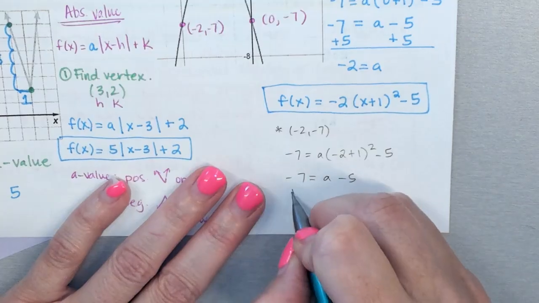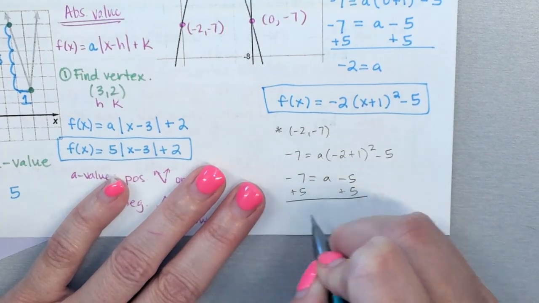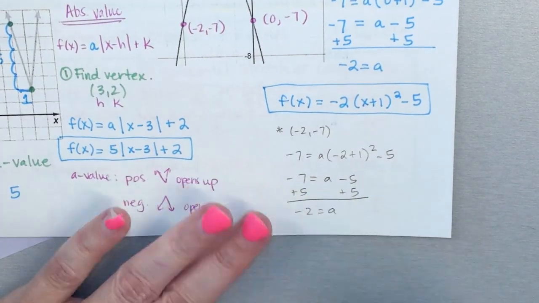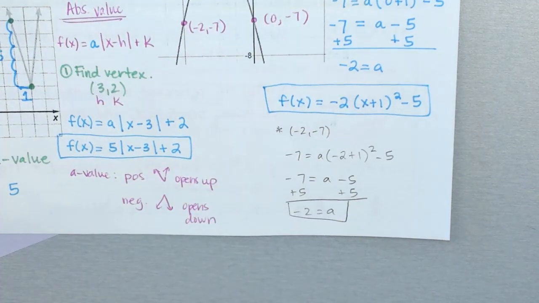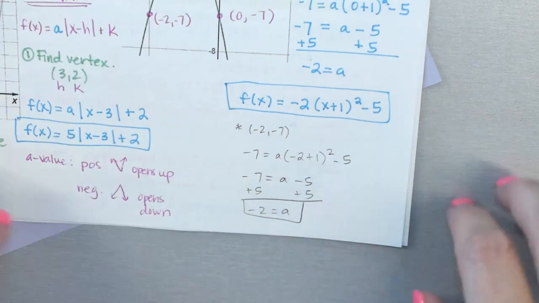So you still add 5, you're still going to get -2. So as long as you choose a point that is on the parabola, it will give you the right a value. So the quadratic, you are going to have to show work for that. Your linear and your absolute value is going to have minimal to no work.